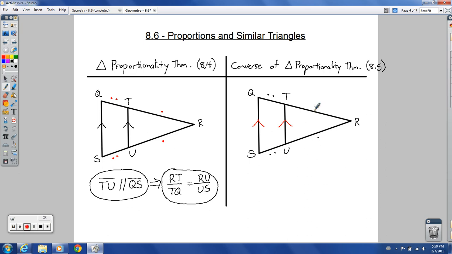And so if you start with proportional parts here and here, you're going to say that the sides have to be parallel to one another. So take this converse, just flip-flop these two things. That's exactly what we have over here. So RT over TQ equals RU over US. Assume that's true to start. And that implies that the segments are parallel. So TU is parallel to QS.